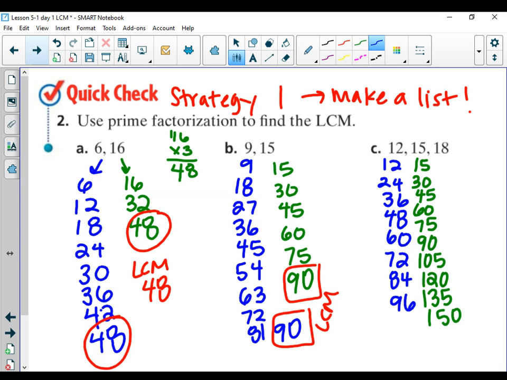Do you see these numbers, how big they're getting? I didn't even find a least common multiple yet.